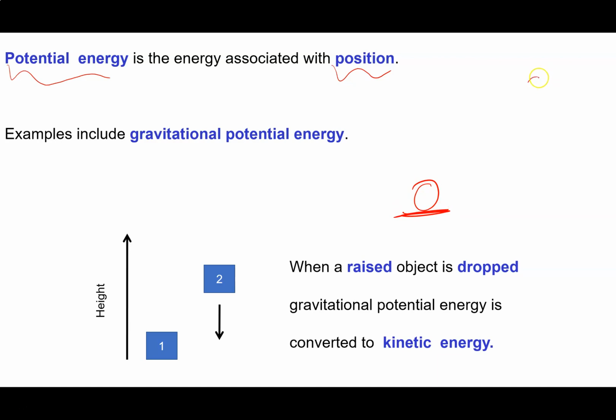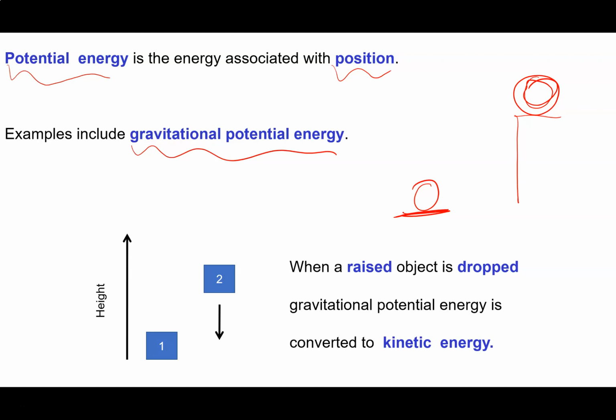But if you change its position, so it's sitting on a cliff, it now suddenly has a lot more potential energy because we've changed its position so that it has greater, what we call, gravitational potential energy. So that's a really familiar example.